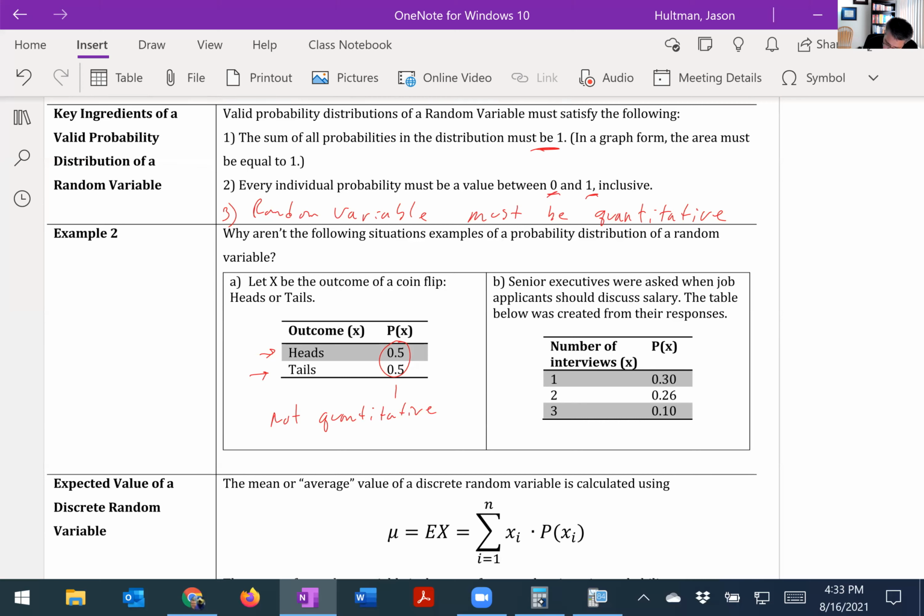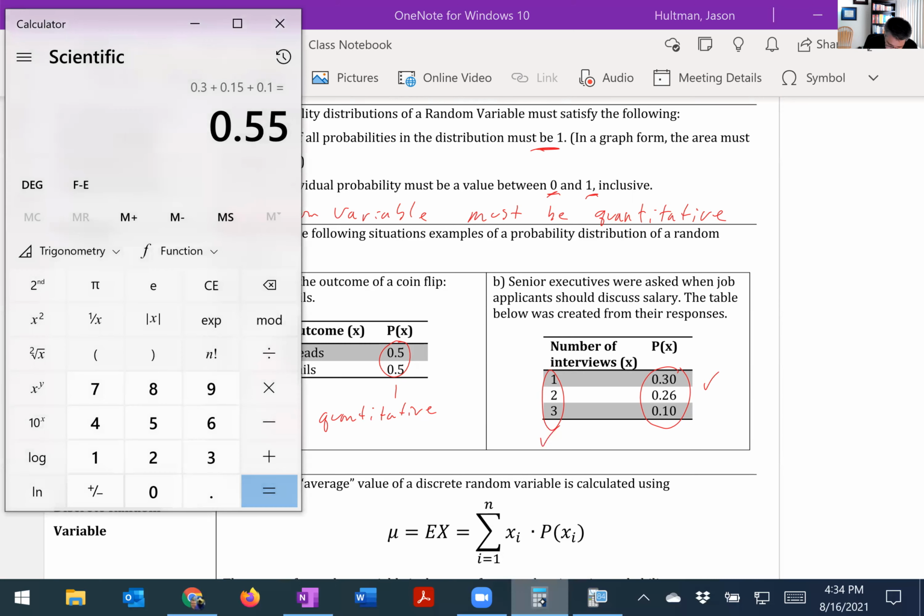Okay. Senior executives were asked when job applicants should discuss salary. The table below was created for their responses. Okay. Are the outcomes, are the X values, are they quantitative? Yes. Okay. Are all of these between 0 and 1? Yes. Do they add to 1? Well, what's 0.30, 0.26, and 0.10? 0.30 plus 0.26 plus 0.10 is 0.66.